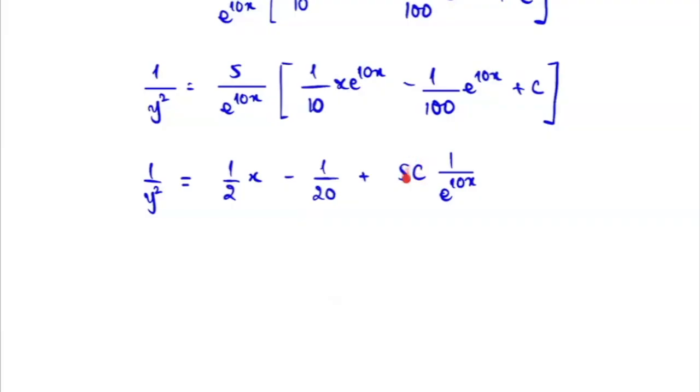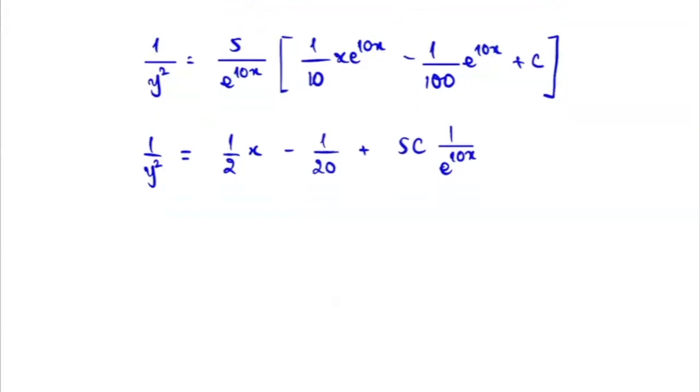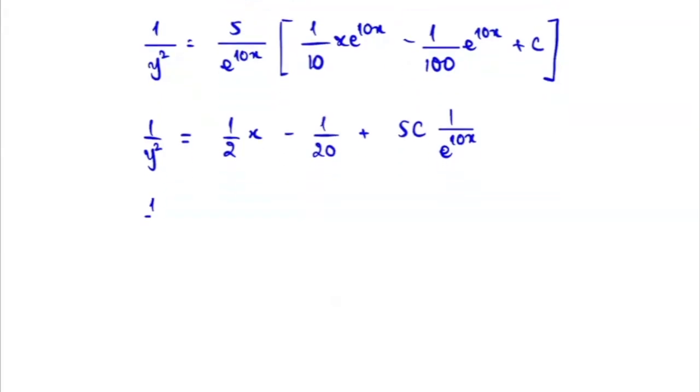So this is a little bit redundant, right? 5 is obviously a constant, c is a constant, so you can combine them together to get a new constant. This is 1 over y squared equal to 1/2 x minus 1 over 20 plus capital A, and instead of 1 over e to the 10x, I'm going to write e to the negative 10x.